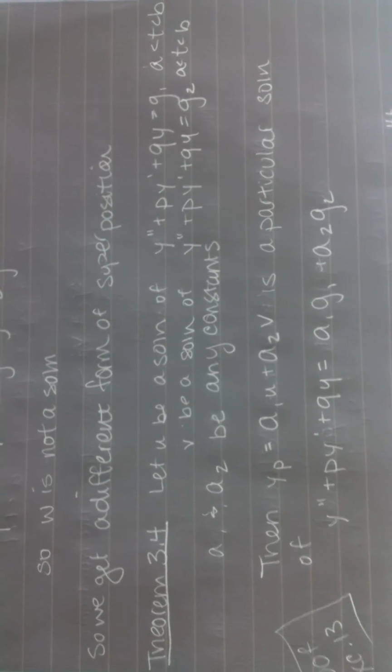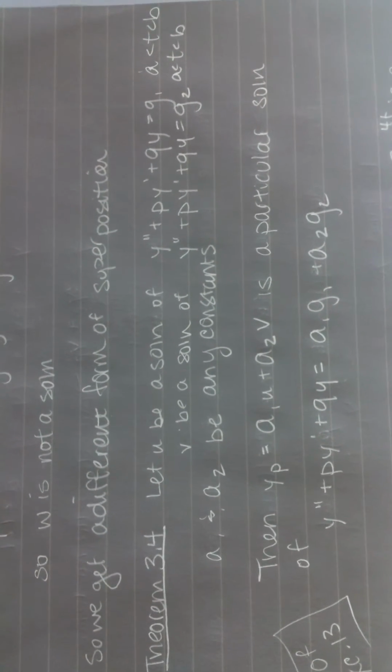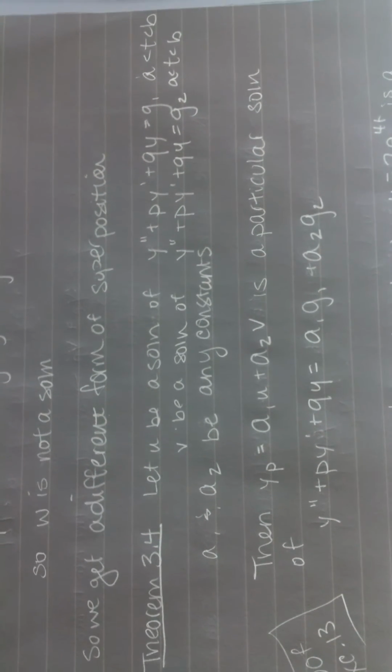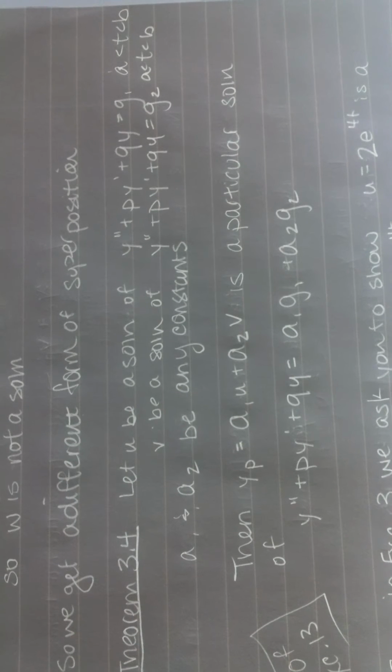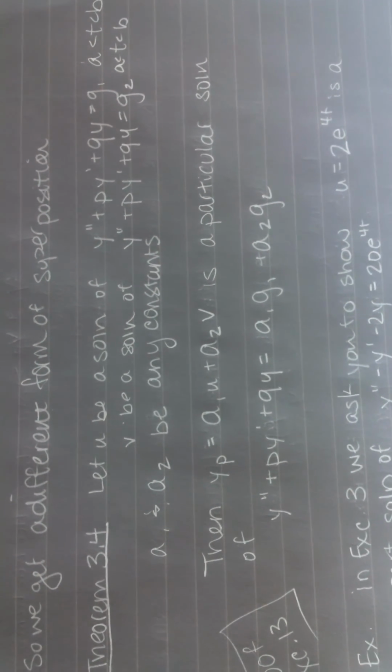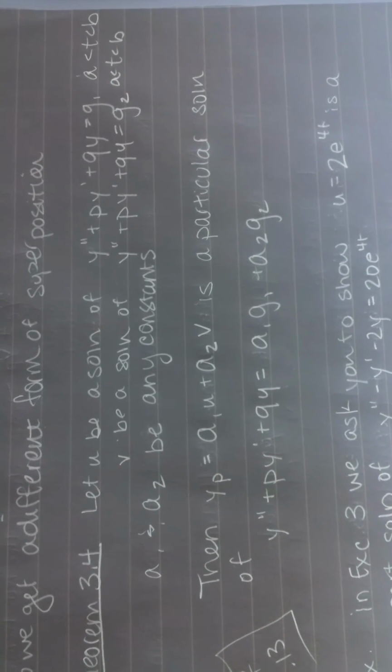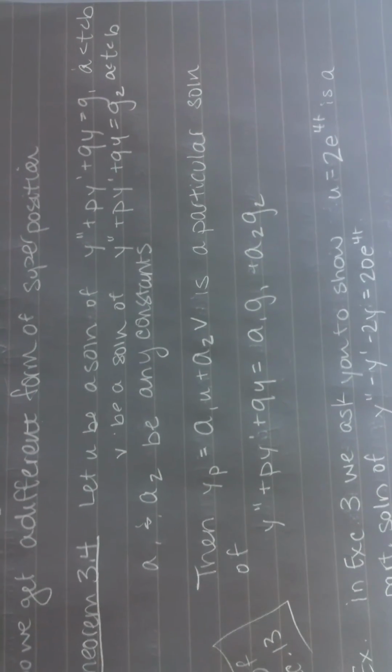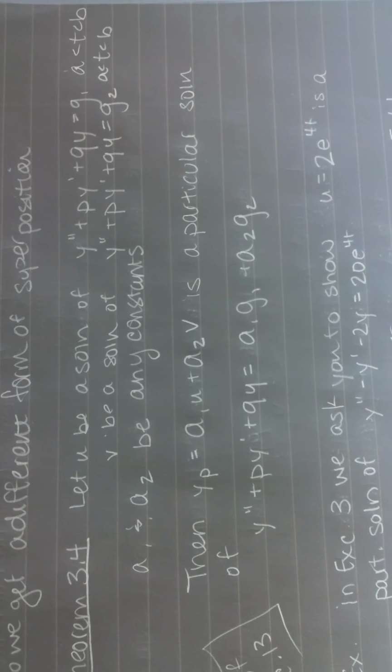So what we do is we get a different form of superposition, and here's where we arrive at Theorem 3.4. Theorem 3.4 says, if u is a solution of y double prime plus py prime plus qy equals g1 on the interval a to b, and on the same interval, v is a solution of the same differential equation with a different g, so the right-hand sides are different, and a1 and a2 are any constants, then my particular solution is the constant times u plus the second constant times v.